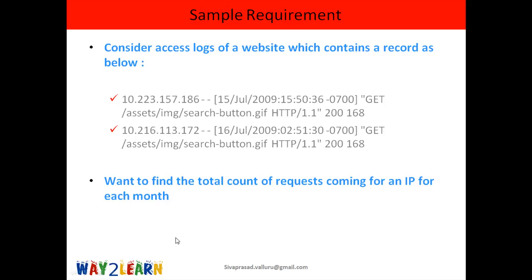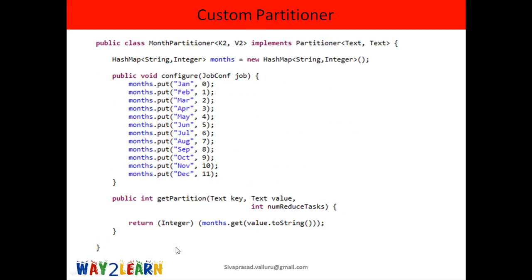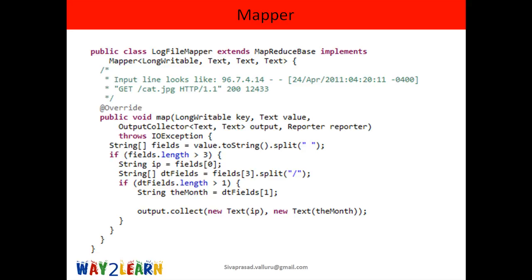So let me show you my partitioner logic. I'll come back to show you a mapper. First of all, see my mapper. My mapper will be getting a line as input like this, where the first field is the IP and this is the timestamp. In my mapper, I am splitting the lines using a space separator.